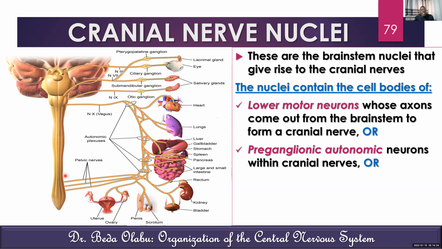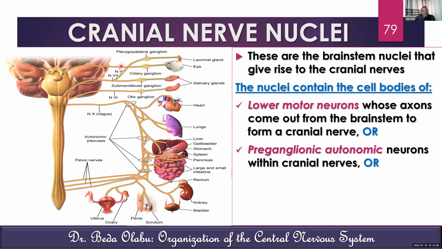There's a neuron that comes from the central nervous system to go all the way to a ganglion. That is the one we call the preganglionic neuron. Then there's another one that comes from the ganglion to the target organ. That is the one we call the postganglionic neuron.